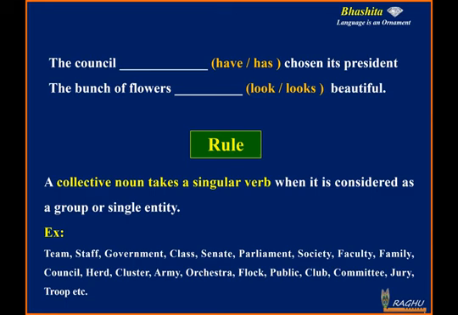There are some collective nouns in the English language. When they are treated as a group or a single entity in a sentence, we have to consider such collective nouns in the subject place as singular. They always take a singular verb rather than a plural verb.